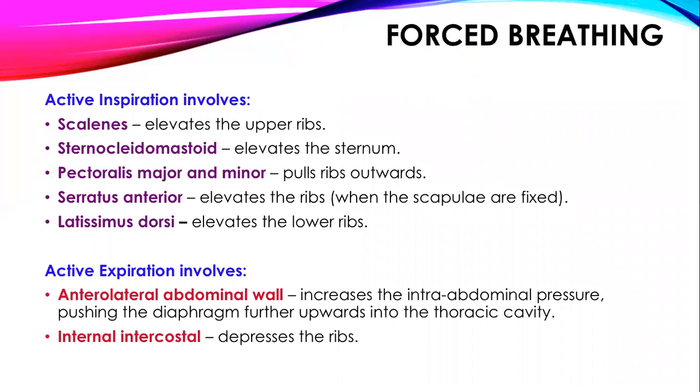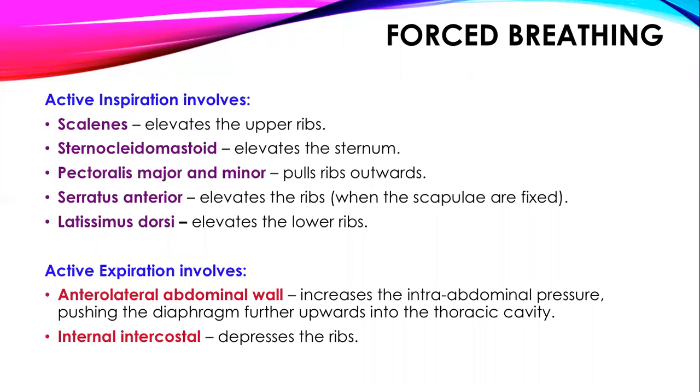Breathing can also be forced. Forced breathing is an active mode of breathing which utilizes additional muscles to rapidly expand and contract the thoracic cavity volume. It most commonly occurs during exercise. Active inspiration involves the contraction of the accessory muscles of breathing, in addition to the diaphragm and external intercostals.